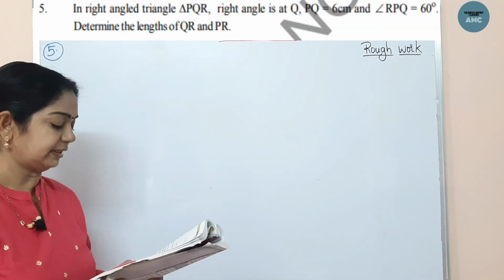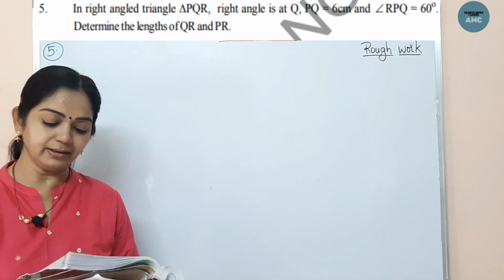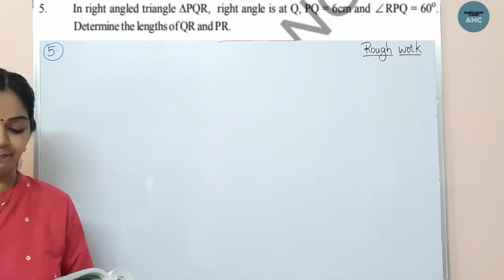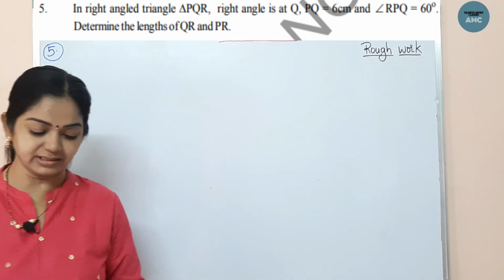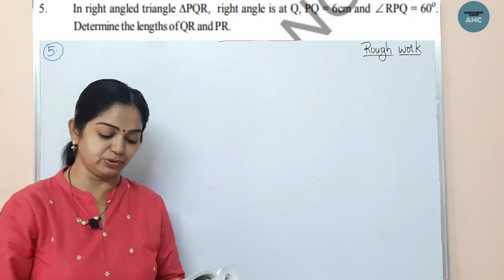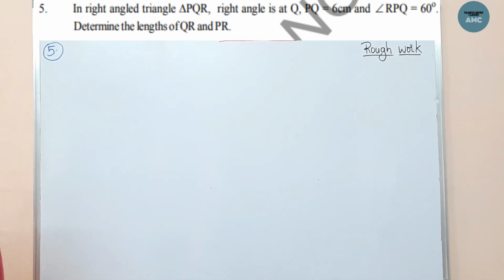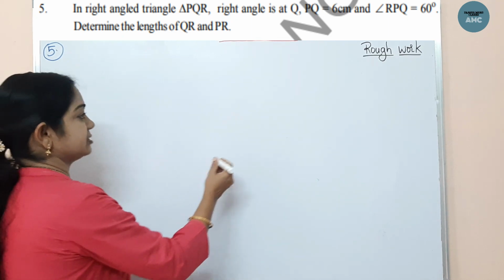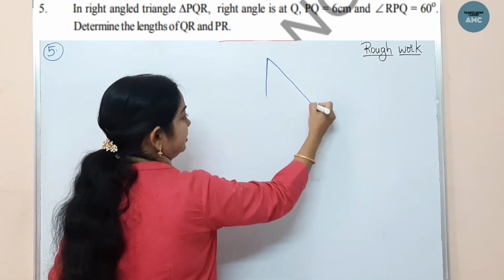Fifth question: in right angle triangle PQR, right angle is at Q and PQ is 6 centimeters, angle RPQ is 60 degrees. Determine the lengths of QR and PR. So let us draw the right angle triangle, not in the rough part here.